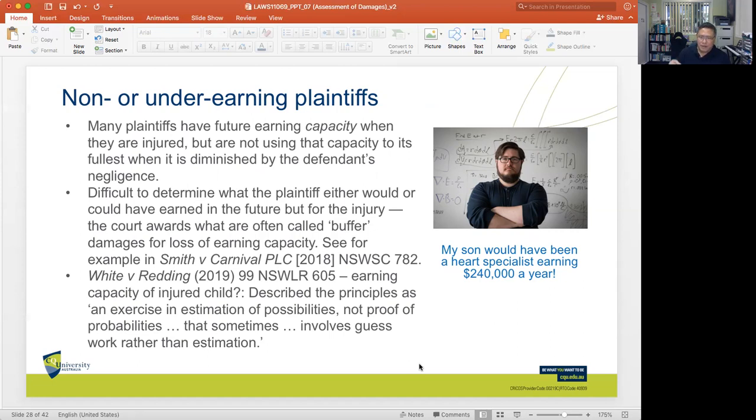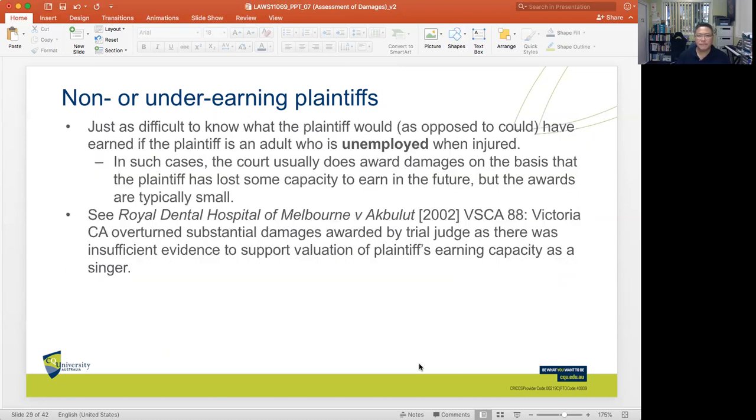Now, in White versus Redding, the Court of New South Wales said that when it comes to the earning capacity of an injured child, you'd have to describe the principles as an exercise in estimation of possibilities. It's about possibilities, some kind of guesswork, not proof of probabilities, because you just can't tell what the future is like.